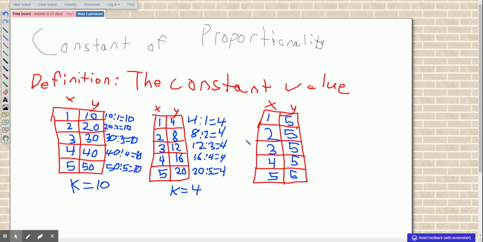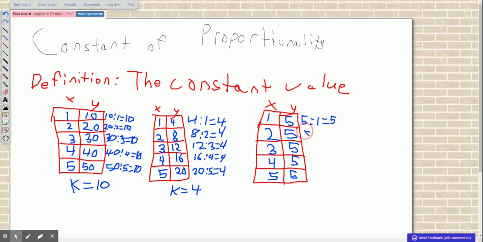Now, our last table here is going to be an example where we don't have a constant of proportionality. And so if we figure out our ratios here, this first one is 5 to 1, which would give me a rate of 5.